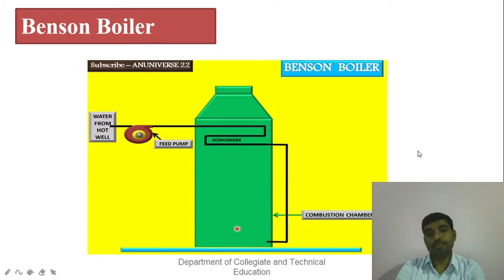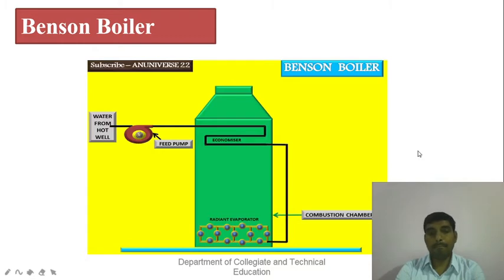This is the combustion chamber, where burning of the fuel coal takes place and flue gases are generated, which pass through the economizer. The economizer tube has water, and this water is preheated before use in the process. So water from the feed pump enters the tube, which first passes through the economizer. The second component is the radiant evaporator.